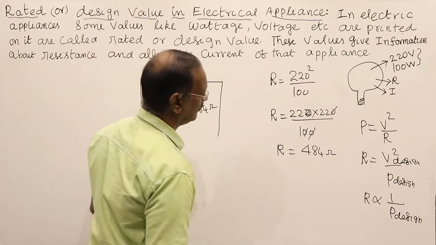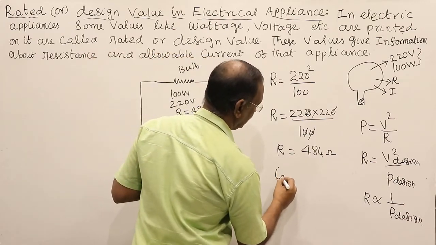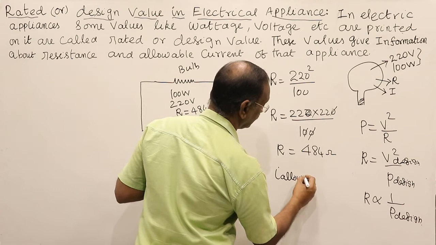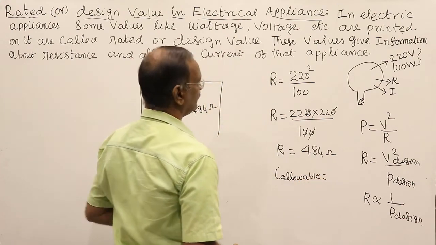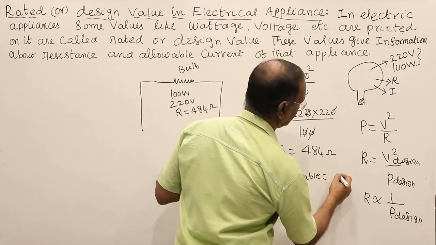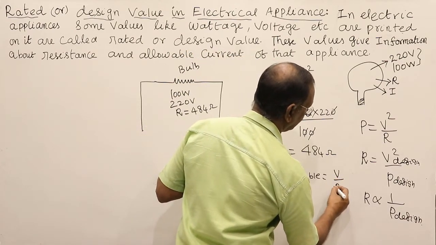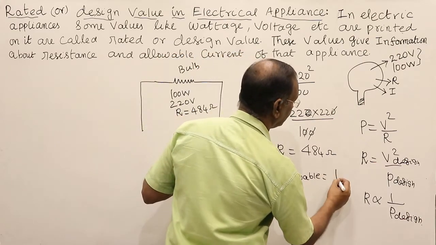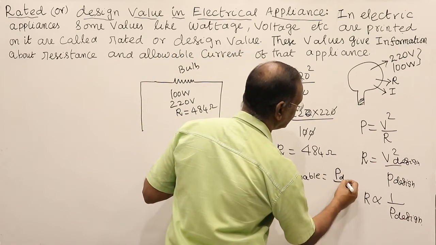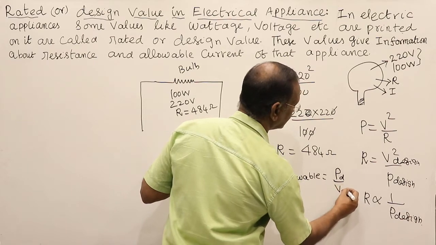And what about the allowable current? Allowable current is equal to power design divided by voltage design.